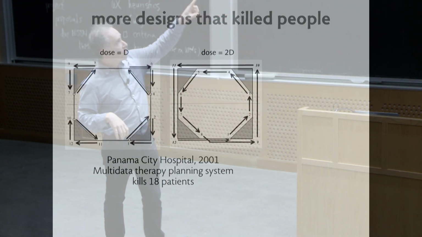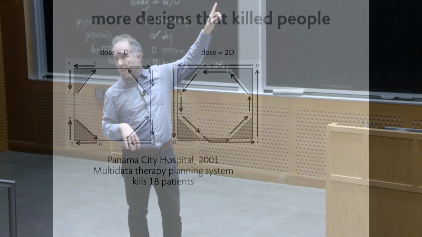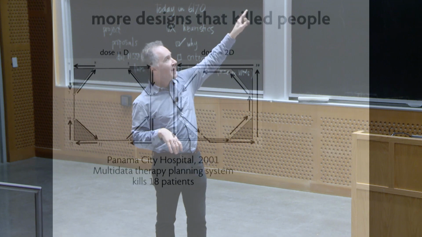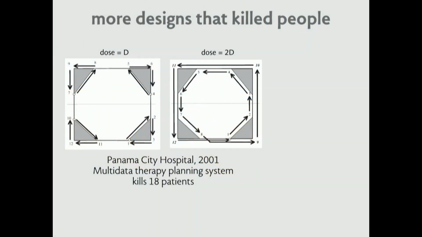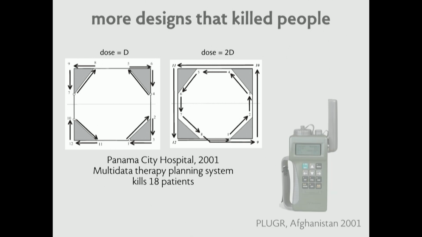It turned out that if you wanted to put multiple shielding blocks in like this, it didn't let you do the obvious traversal, and so the nurses discovered a different way of doing it. But the order in which you clicked around the blocks produced a different dose. And that ended up killing 18 people.